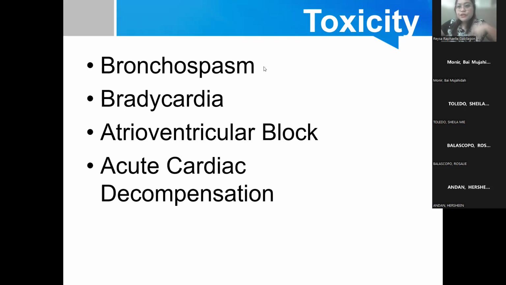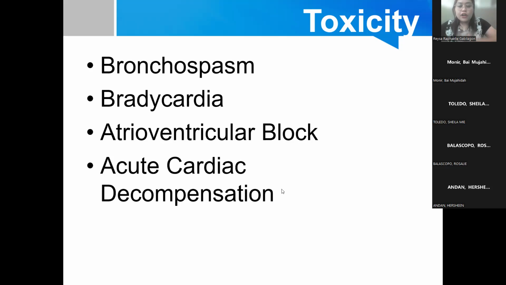Okay? So I mentioned this last time, the toxicities of beta blockers, especially for the non-selective ones, they can really cause bronchospasm because they can also inhibit the beta-2 receptor. And its effect can also become its toxicity: bradycardia, atrioventricular block, because you weakened the activity of the heart, so its electrical conductance can also be blocked.